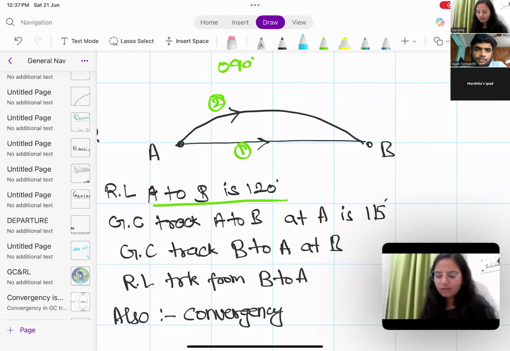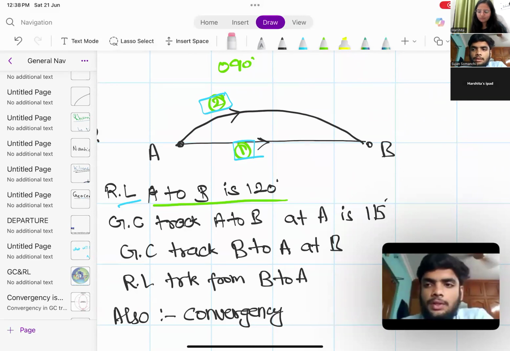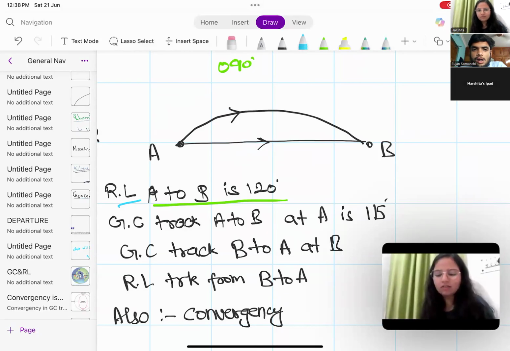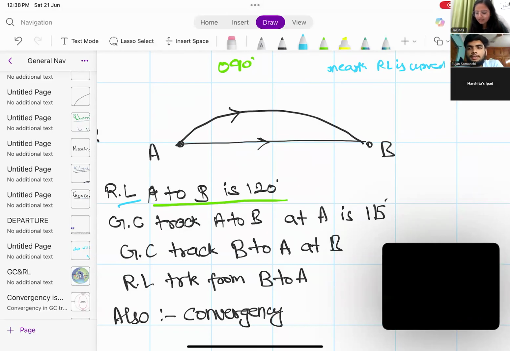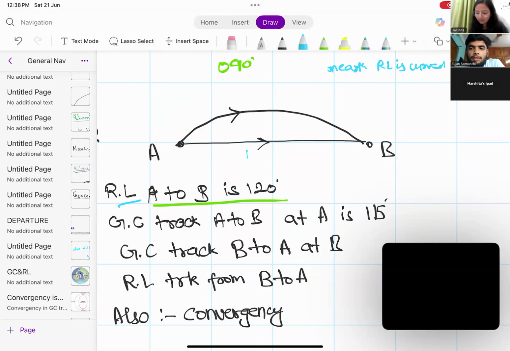You just have to tell me, is 1 a rhumb line or is 2 a rhumb line? 2 is the rhumb line when seen on Earth. On Earth, a rhumb line is curved, right? But we are drawing it on a Mercator chart, so on a Mercator chart, the straight line is the rhumb line.